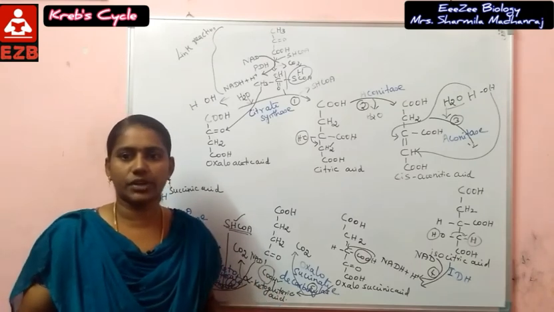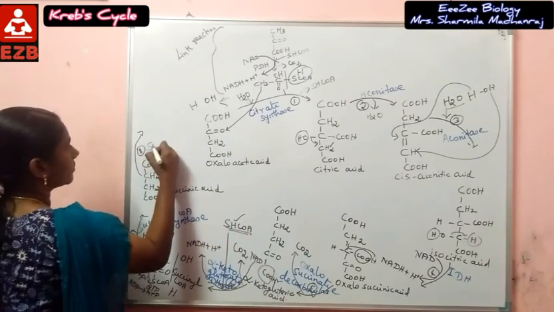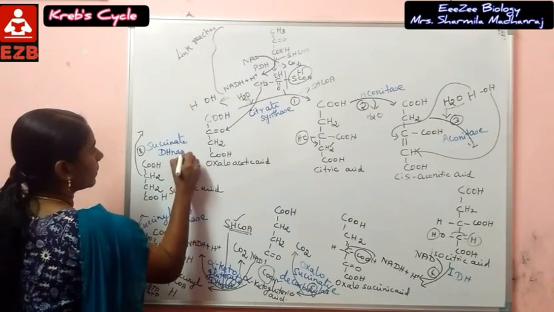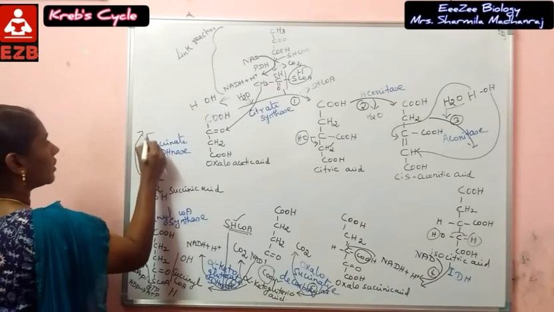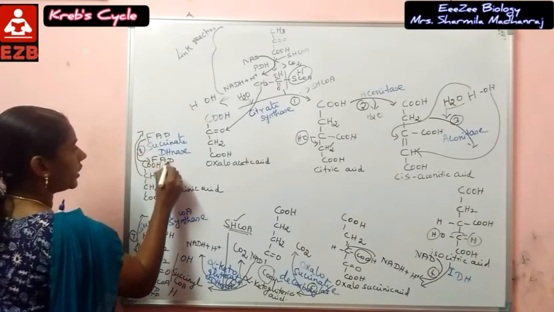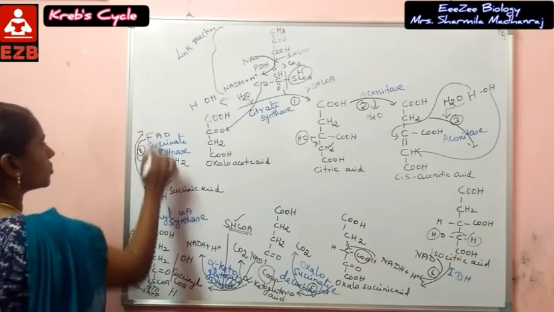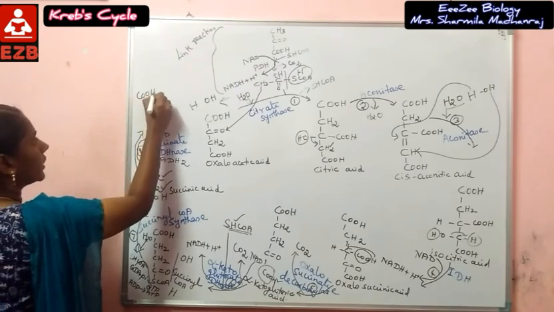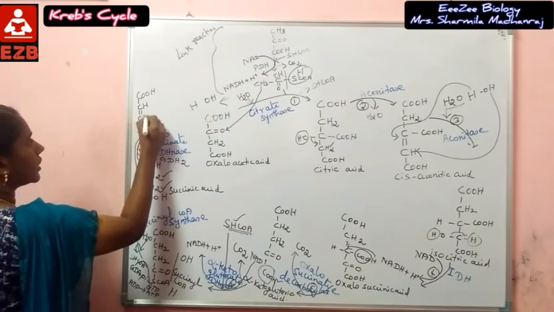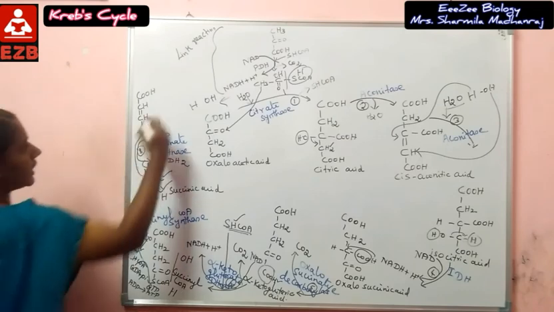So FAD is converted to FADH2, from this hydrogen and this hydrogen. So COOH, CH, that bond CH, COOH. This is fumaric acid.